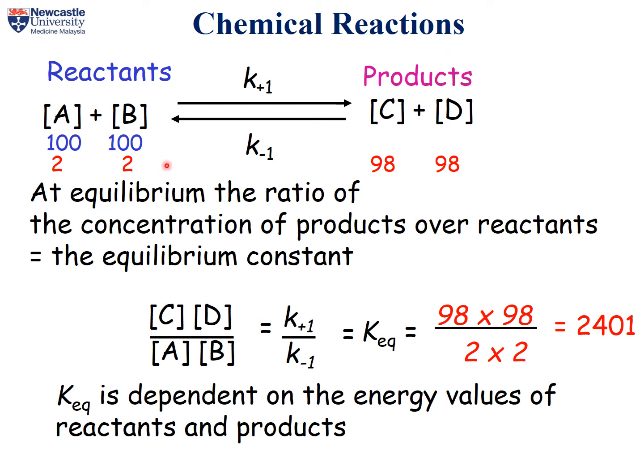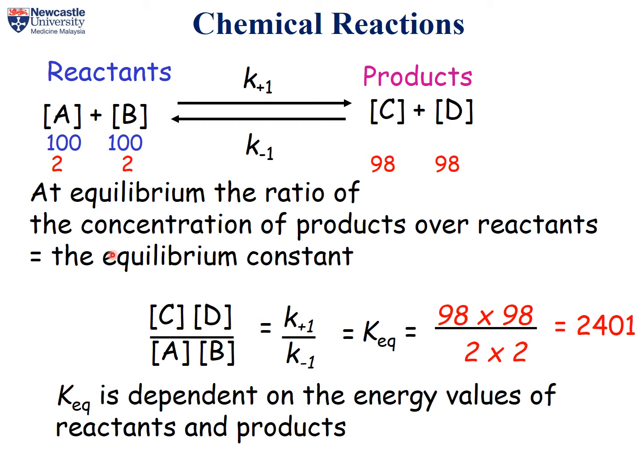So in any chemical reaction, you have reactants that are turning into product molecules. In a reversible reaction like this, the products can also be converted back into reactants. But over a long period, the reaction will reach a state known as equilibrium, in which there is no net change in the concentration of products and reactants.